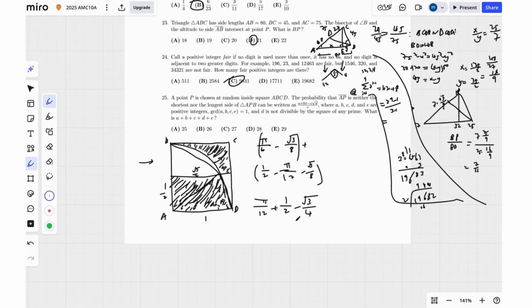So now we can take the GCD, so it is 6 plus pi minus 3√3 over 12. So A equals 6, B equals 1, C equals 3, D equals 3, E equals 12. So the answer is 25.